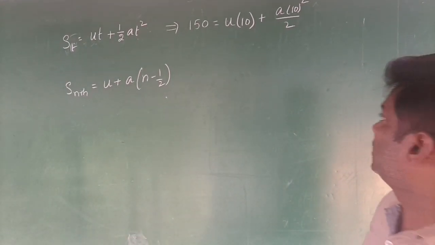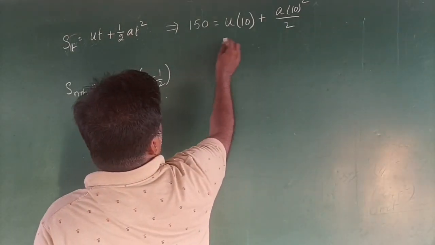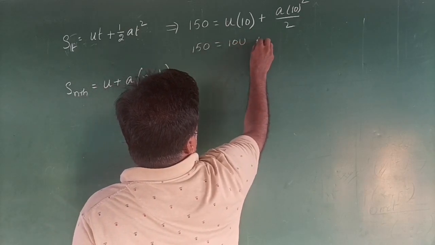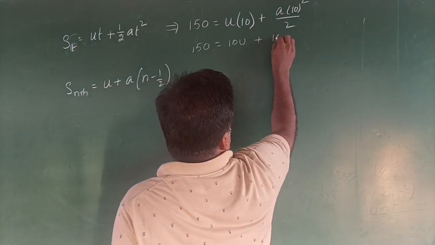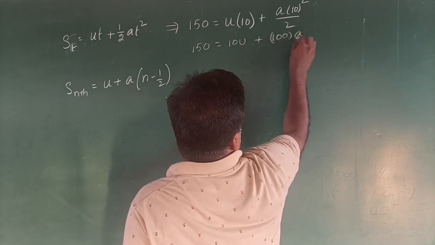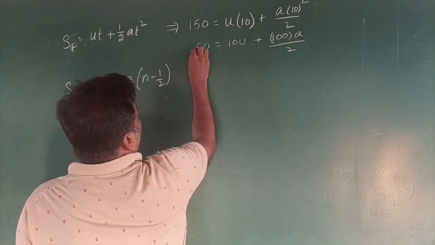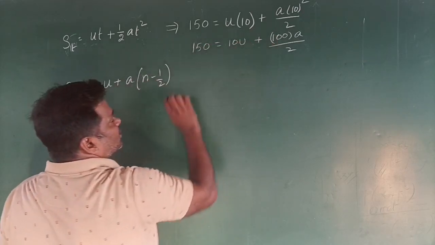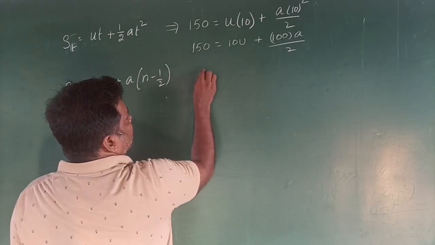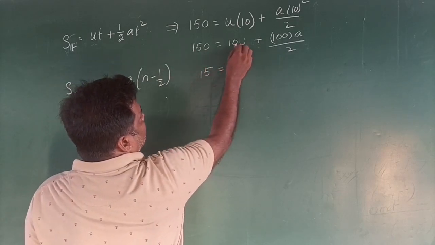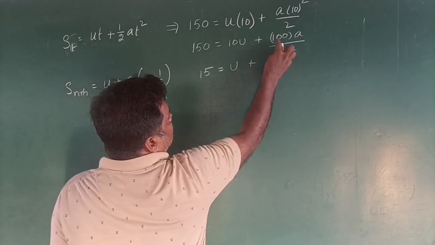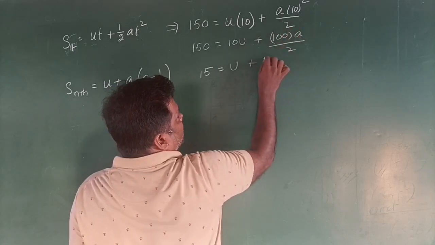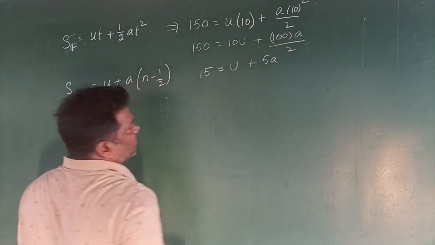Got it? Now, by simplifying this, what will we get? 150 is equal to 10u plus 10 square, 100, into a divided by 2. Now you can cancel 0, 0, 0 on both sides. By simplifying this, 15 is equal to u plus 5a.